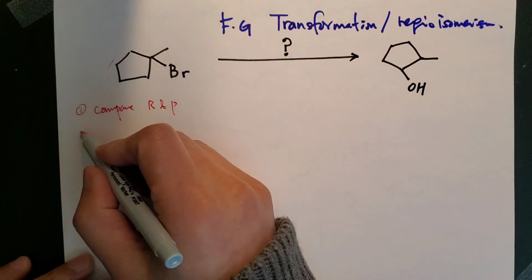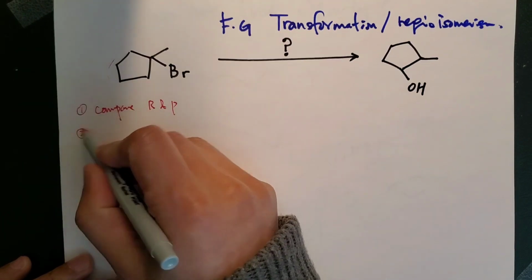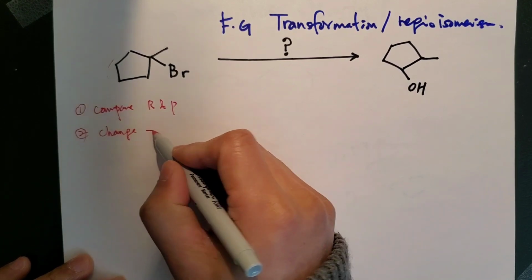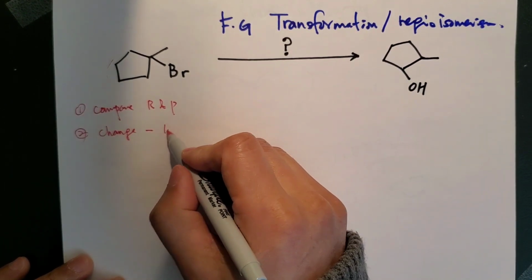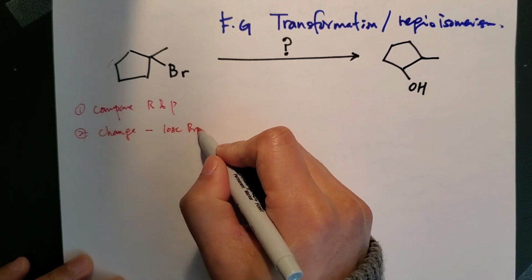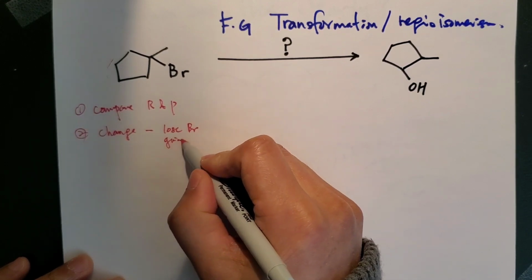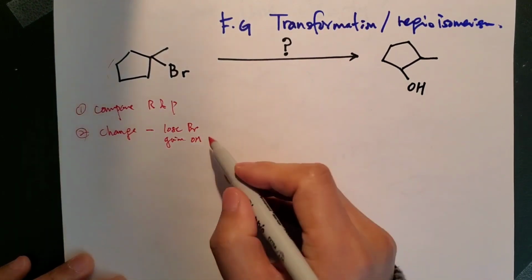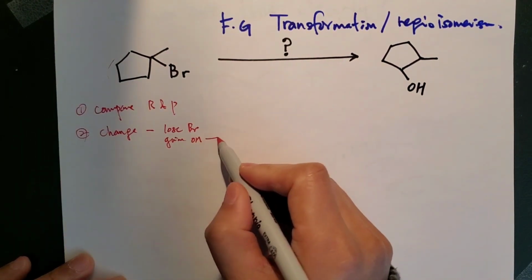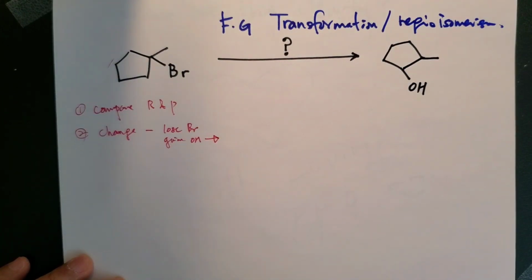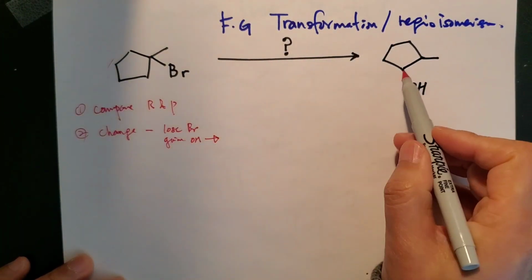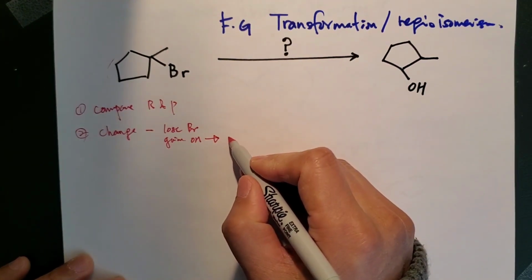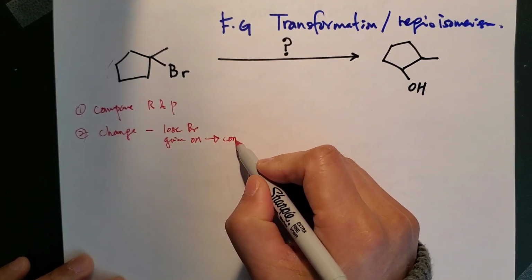Difference is the changes you find out is you lose Br and gain OH, but you're not gaining on the same carbon. There is a rearrangement. You do it on this carbon. So there is changes of connectivity.